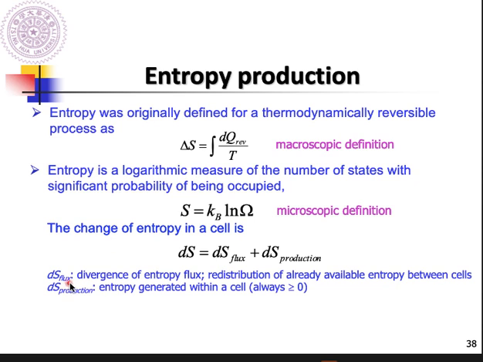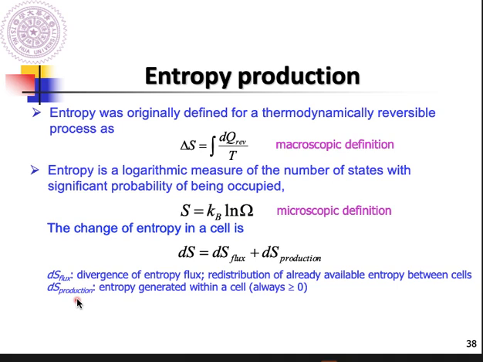The S flux is the entropy flux from surroundings, like a redistribution of already available entropy between cells. The S production is the entropy production rate in this cell or in this system.